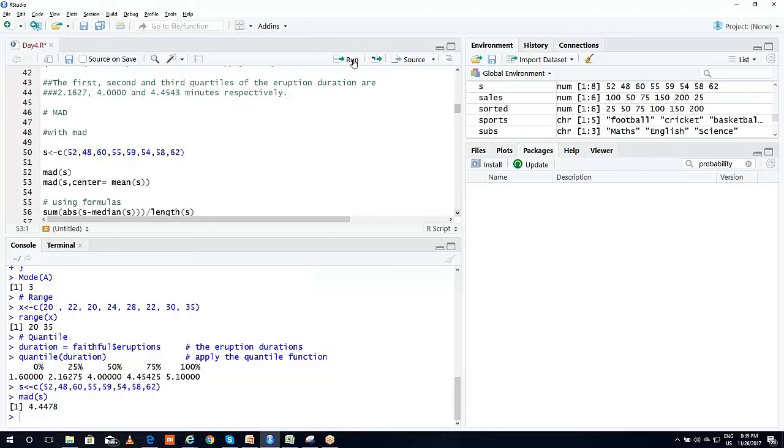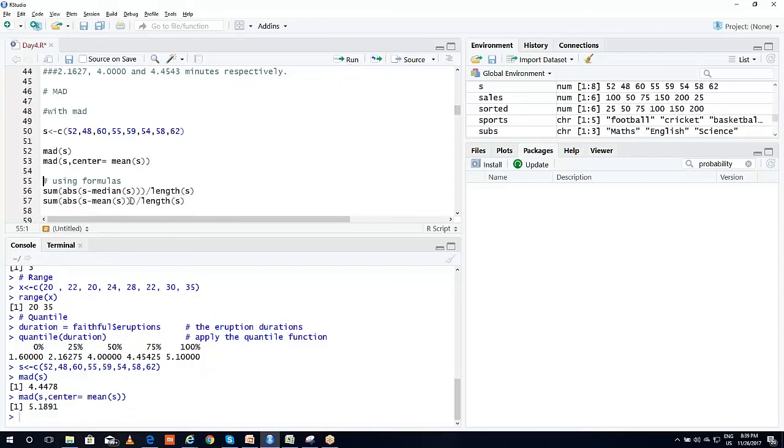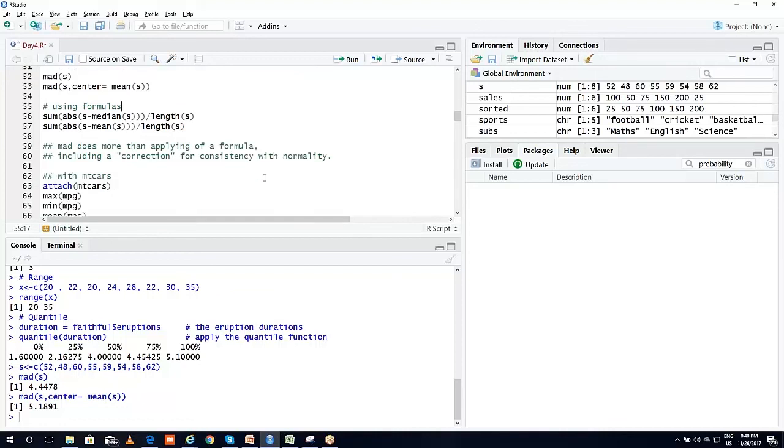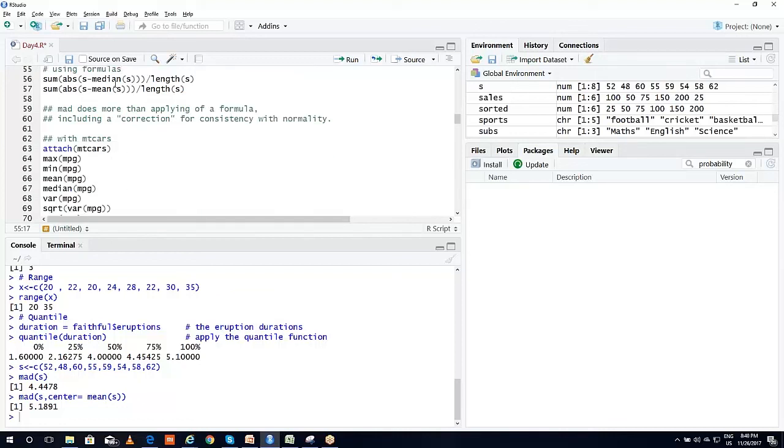So this is median absolute deviation, that is 4.4478, and this is mean absolute deviation. You need to give center equal to mean for it to compute mean absolute deviation. Similarly, we can do this with formulas as well. You can write separate formulas for that.